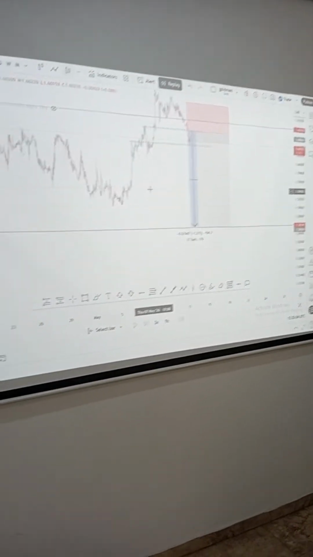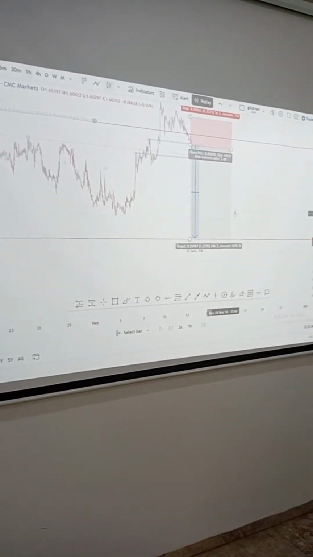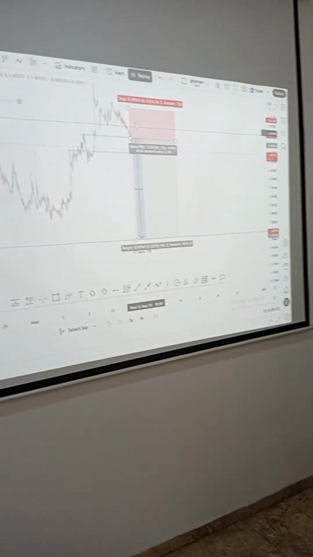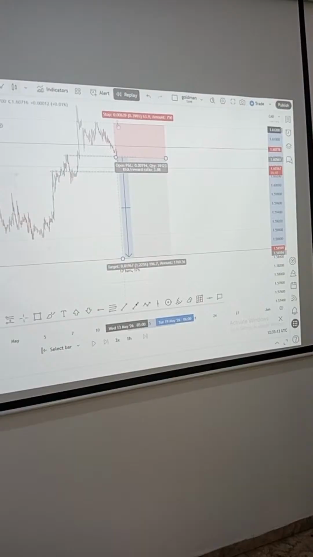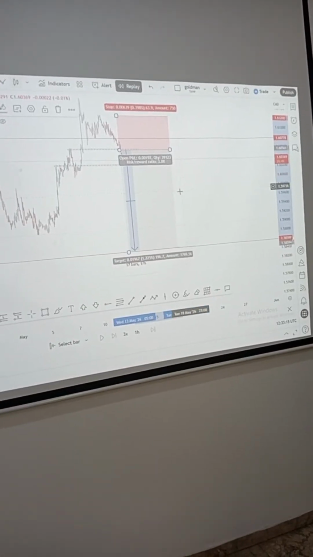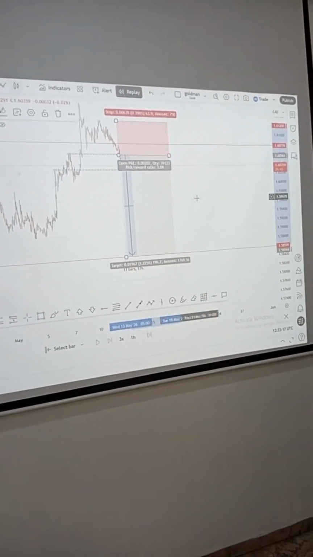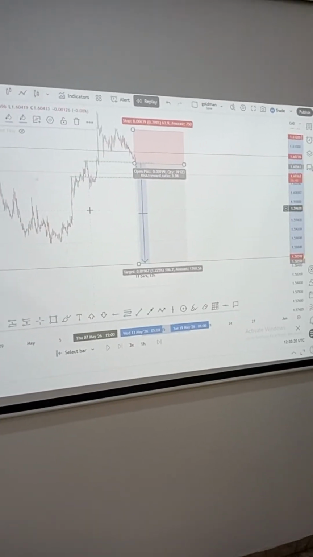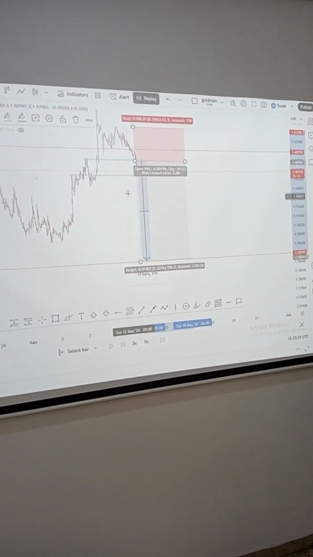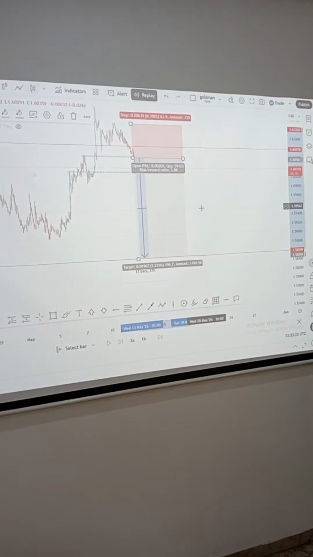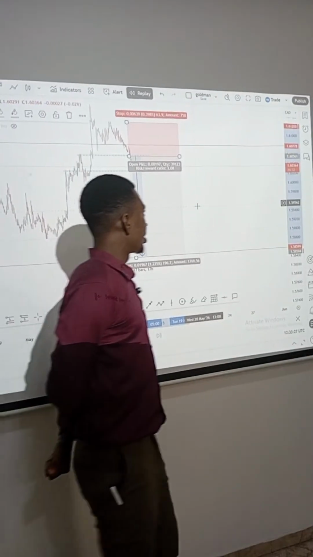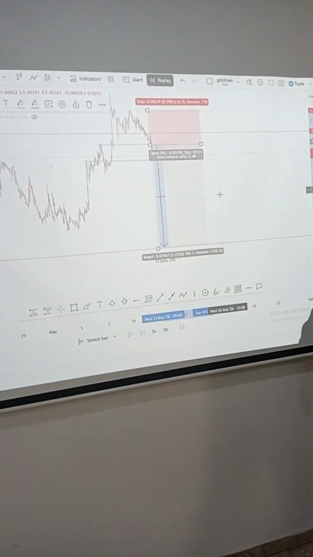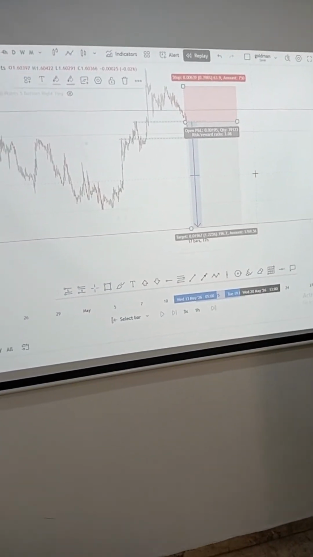EUR CAD sell limit. Are we together? Sell limit entry price 1.60561.